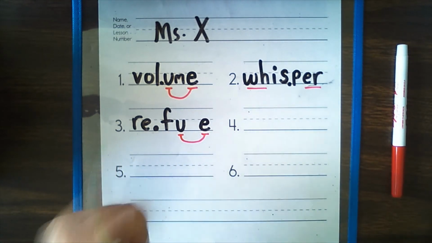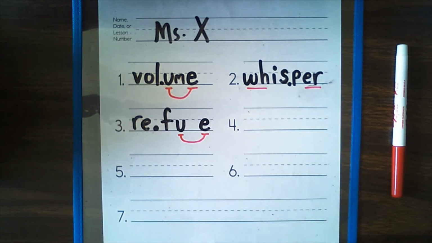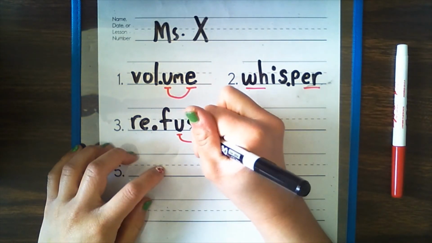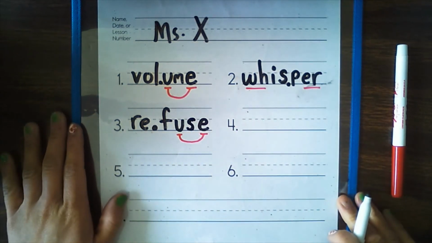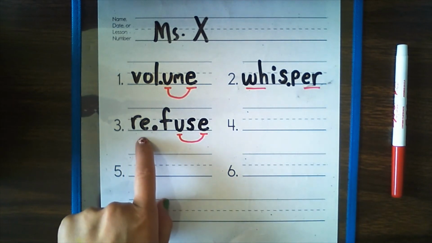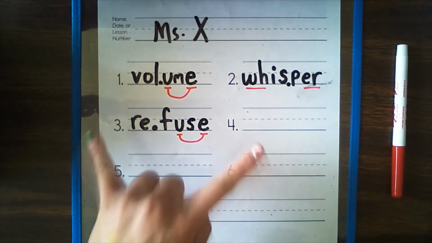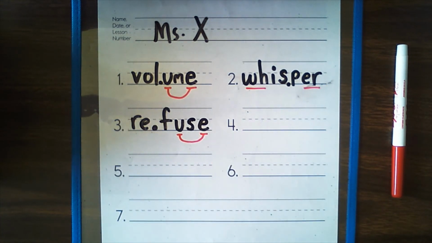Re, first syllable, re, second syllable, fuse. Now, you might think that that Z sound is going to be a Z, right? But it's not. So be careful. The Z sound is actually going to be represented by an S. So go ahead and write it in. Refuse. The real word, refuse.